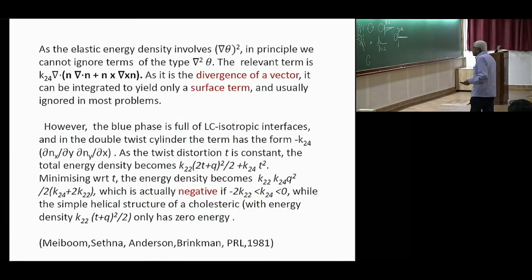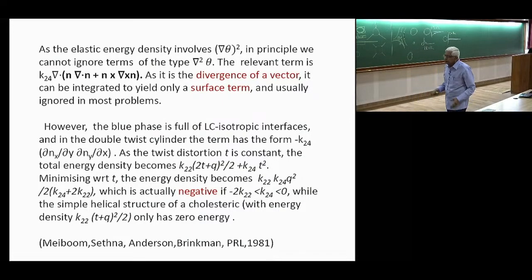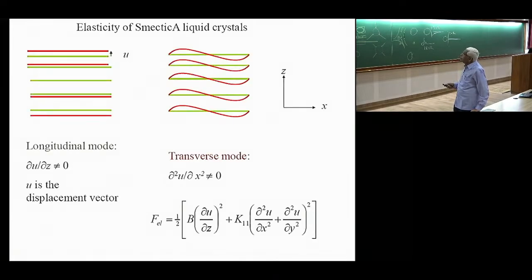You see, the elastic energy density that I introduced earlier involves some grad theta square, right? Now, to the same order, you must have grad square theta in there as well.